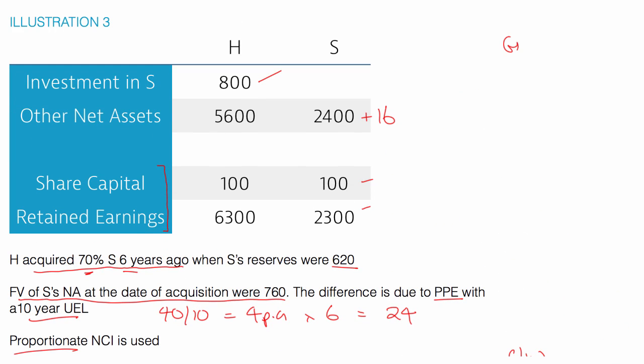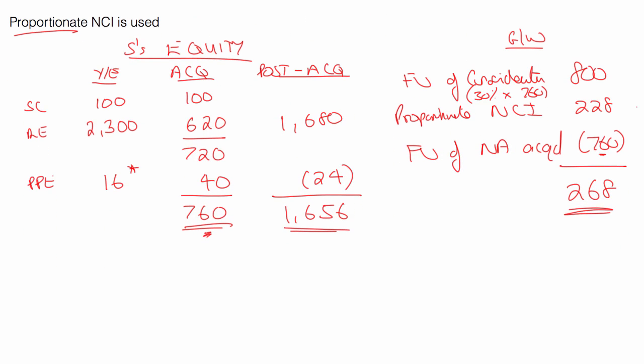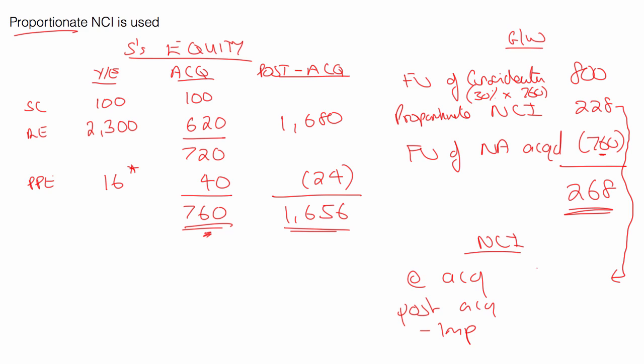I can start my group accounts off. I know goodwill is 268. No impairment mentioned. Once I've done goodwill, I like to then get on with NCI. NCI is always what it was at the start, which is the same as your goodwill. Add on any post-acquisition, take off any impairment, which we don't have at the moment. So NCI at acquisition was the same as goodwill, 228.